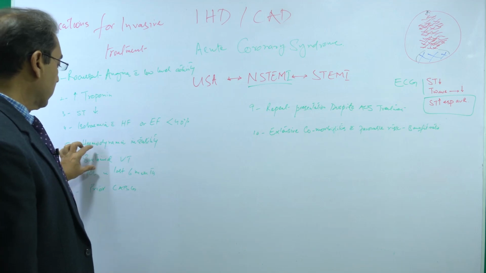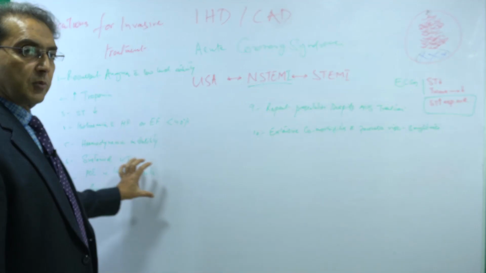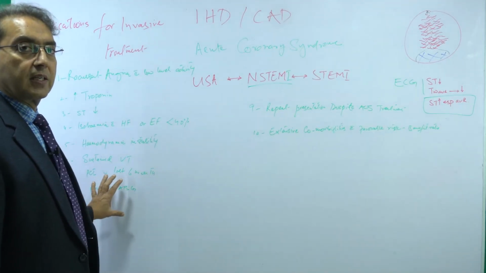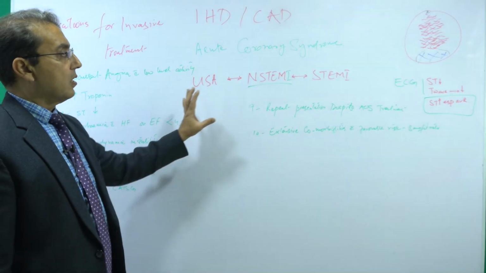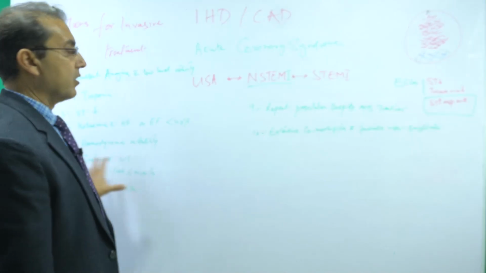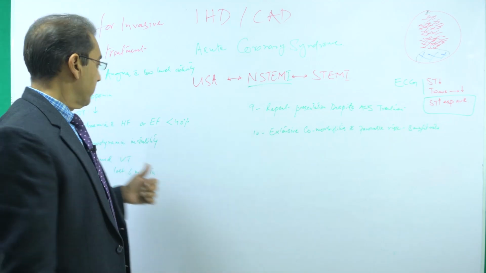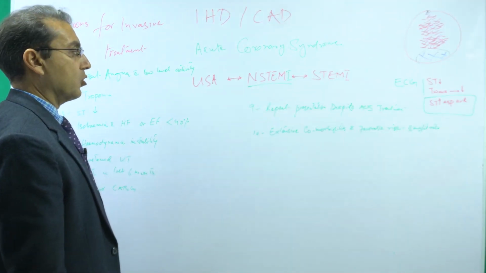Patients who have sustained ventricular tachycardia, patients who had PCI in the last 6 months, or who had a prior CABG, if they present with non-ST elevation MI or unstable angina, these are the candidates where angiography should be done, and the further course should be decided on the picture of the angiogram.